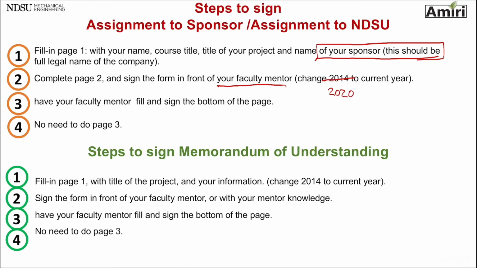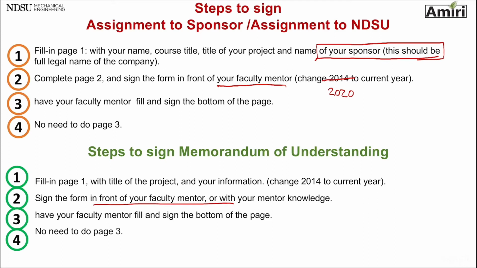For the memorandum of understanding, again, very straightforward. You have to fill out your information. Again, we ask you to sign in front of your faculty mentor, but because this semester is unique, it's okay if you sign it and send it to your faculty for signature.